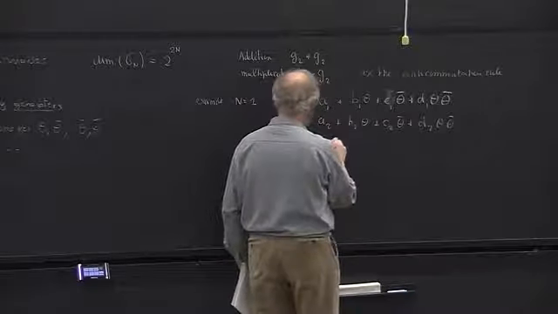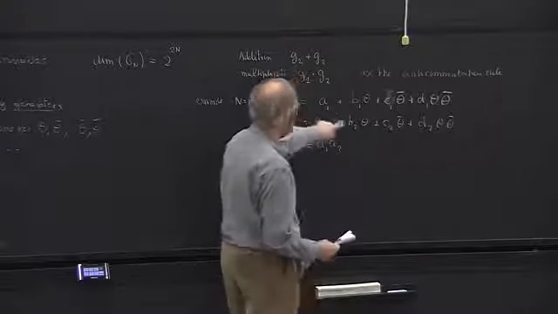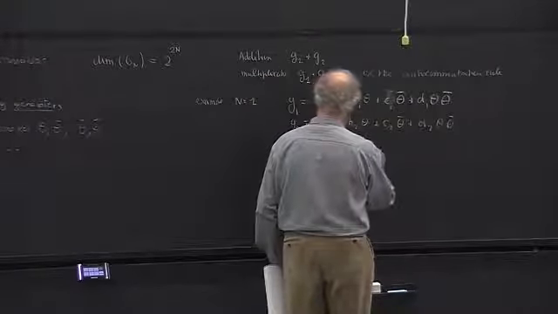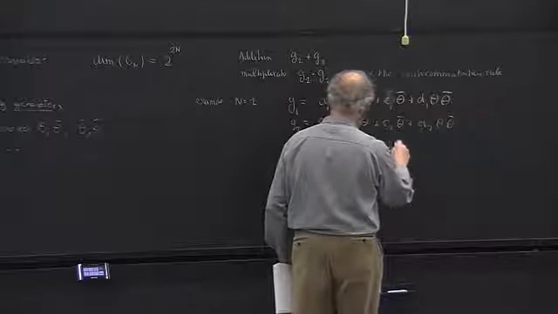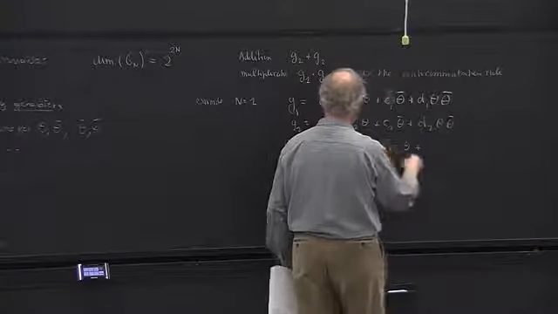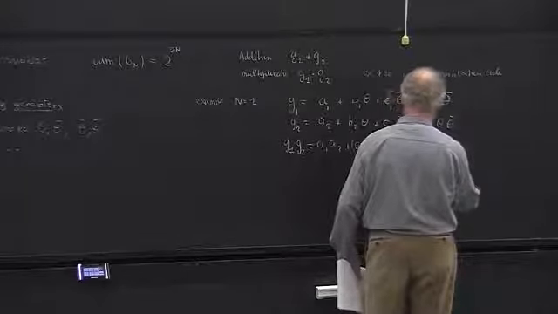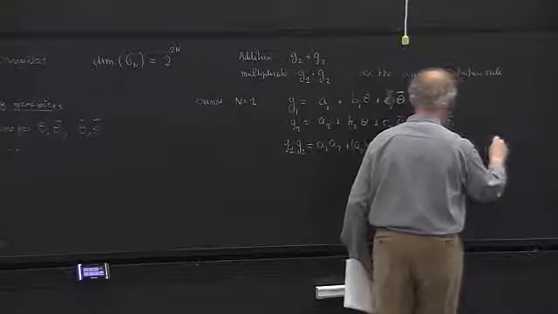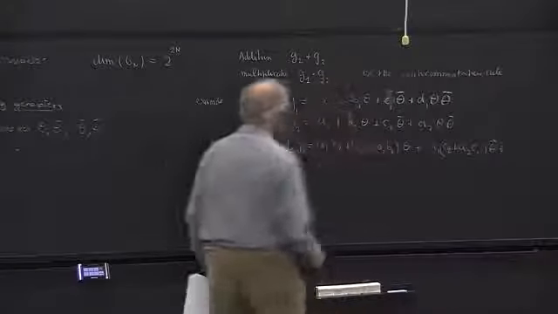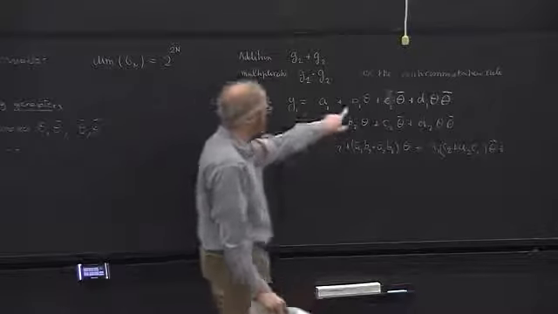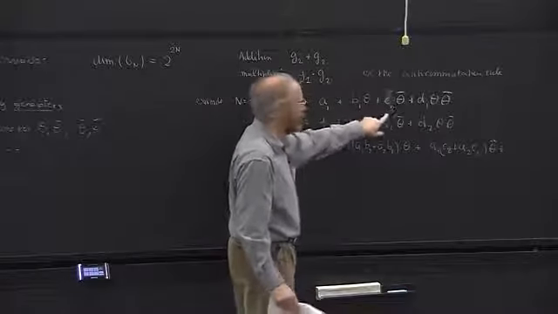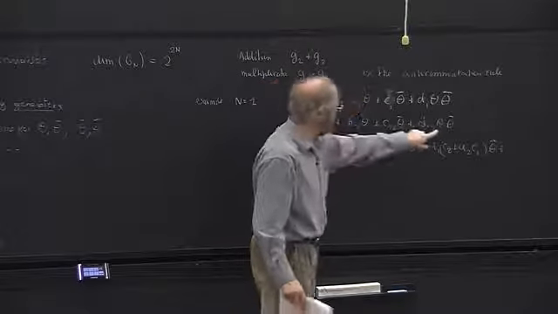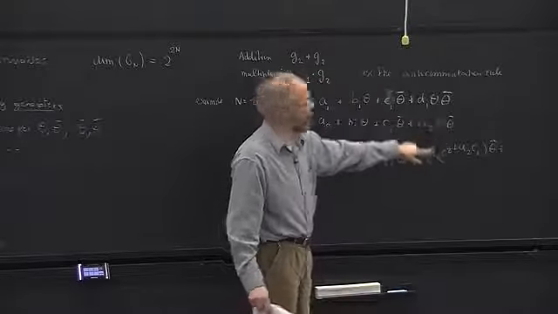This is A1 A2. Then you have a term proportional to theta, which is A1 B2 plus A2 B1 theta. Well, that's a simple pair. A1 C2 plus A2 C1 theta bar. And then you have to take into account the products of thetas and theta bars. If you multiply this term with this term, it gives 0 because you have a theta squared.